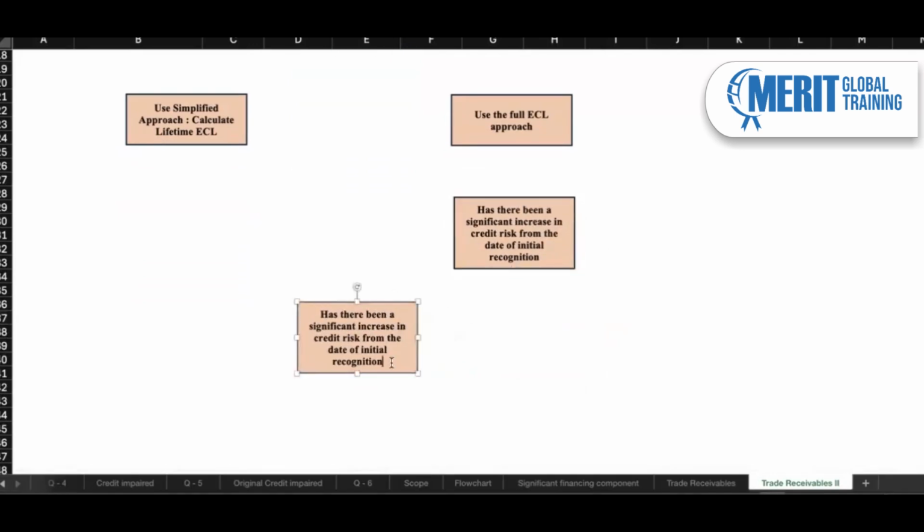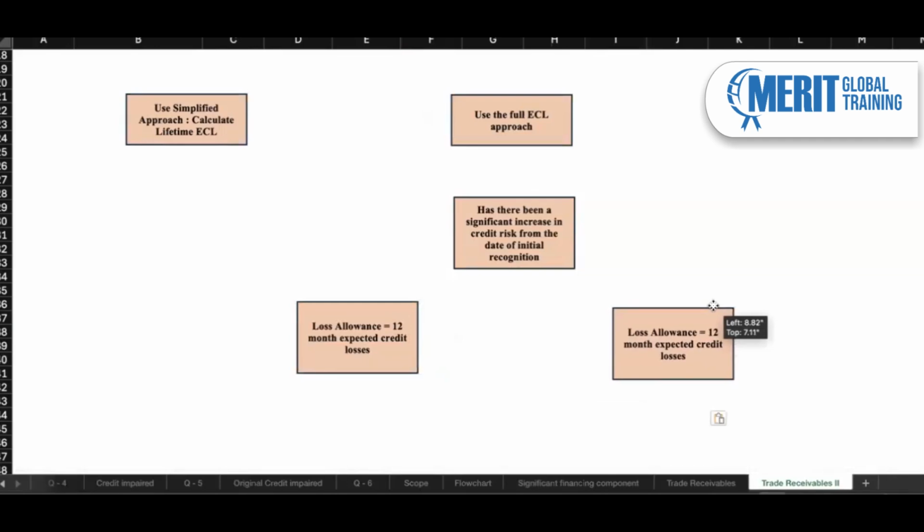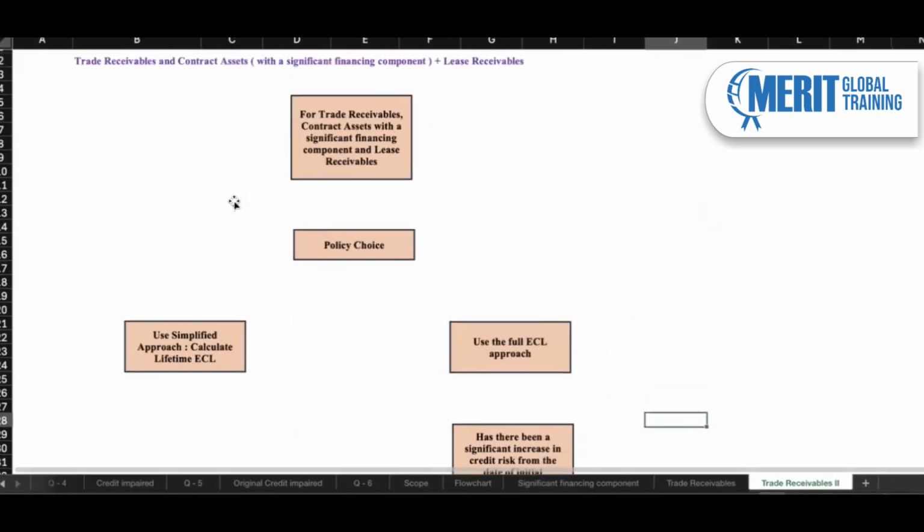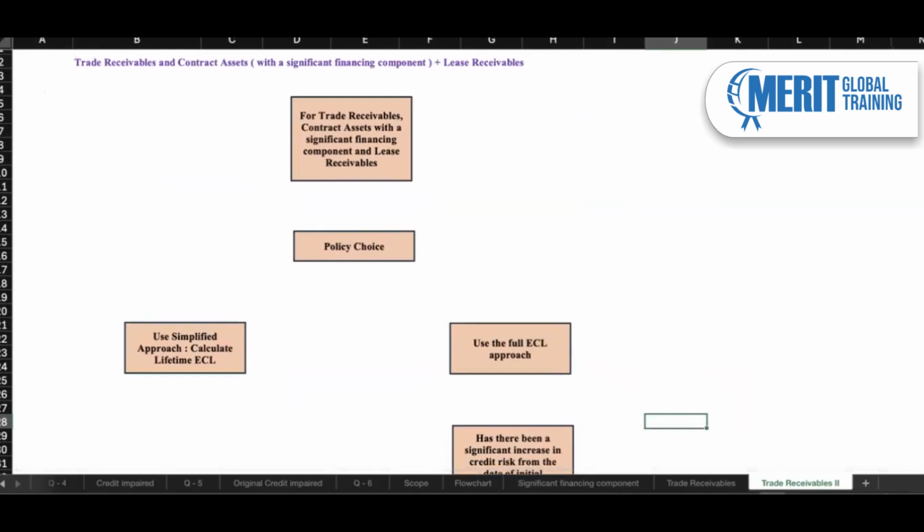If the answer is no, then loss allowance should be equal to 12-month expected credit losses. And here, loss allowance will be equal to lifetime expected credit losses.